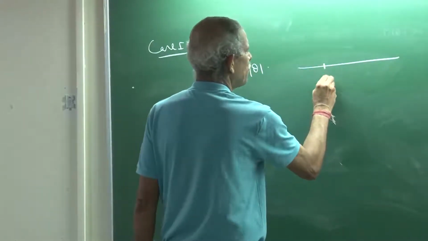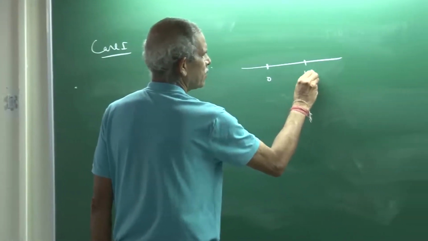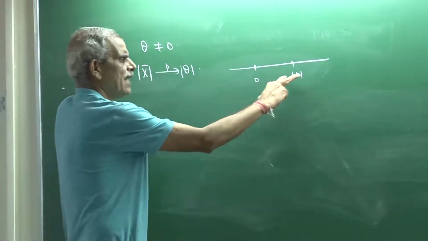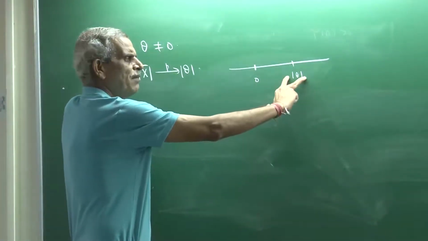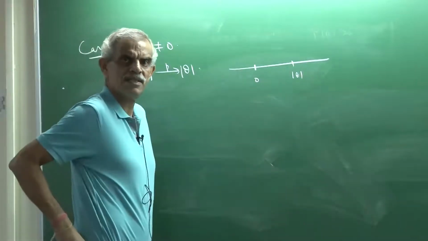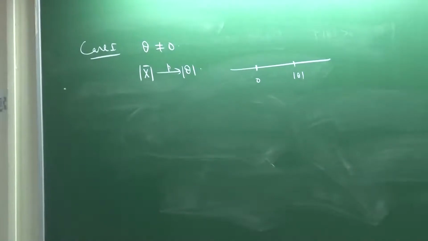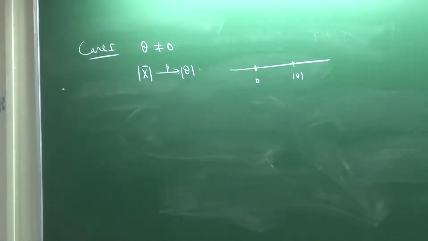And mod of theta would be positive because theta is not 0. So as n becomes large, the probability that x bar would be in a neighborhood of this is 1, and the probability that x bar would be outside any neighborhood of this would be 0.